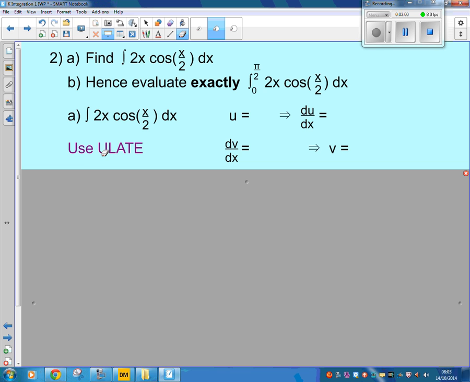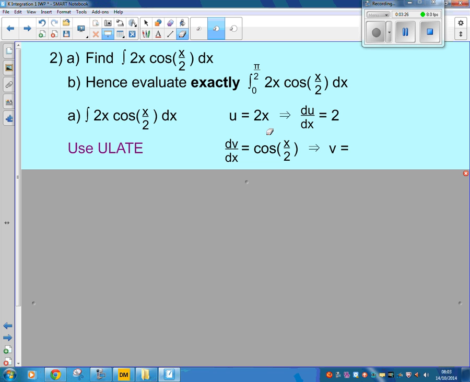You're deciding which is u, and the order is logs, algebra, trig, exponential. So we look at this, there aren't any logs, so the u bit is the algebra, the 2x. And that means the dv over dx bit is what's left, cos of x over 2. Differentiate the u, 2. Integrate the cos of x over 2, and it's going to become sine of x over 2.